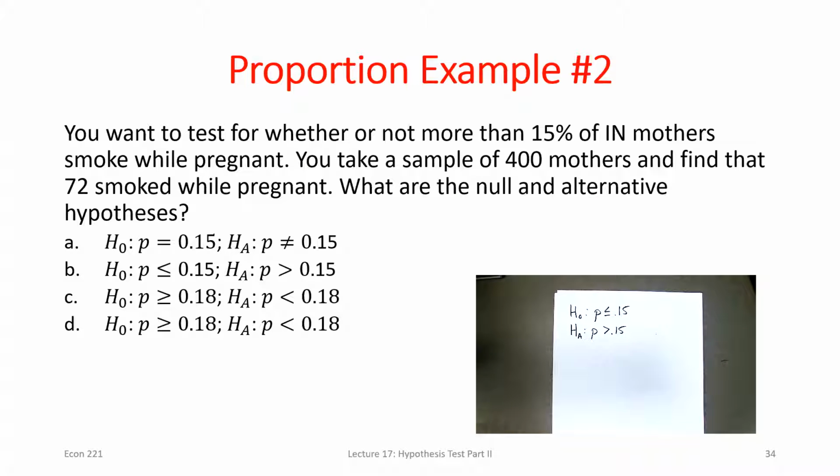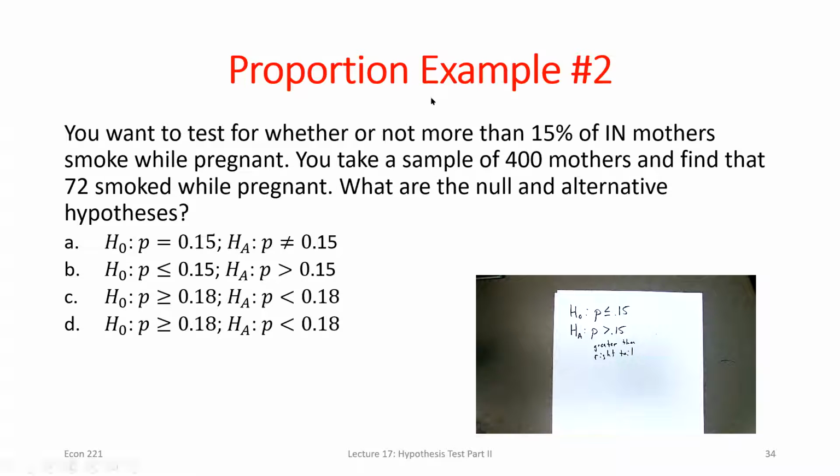That's how we identify the null and alternative hypothesis. Whatever we're trying to test for, whatever we're trying to find, that's going to be our alternative hypothesis. The exact opposite is what we'll assume to be true, or the null. So here we've got a greater than sign in the alternative hypothesis, so we have a right-tailed test.